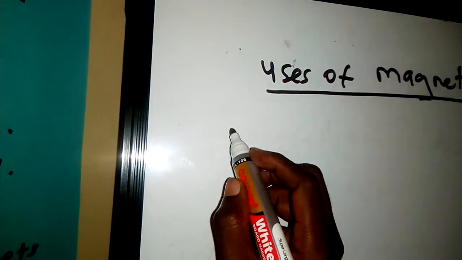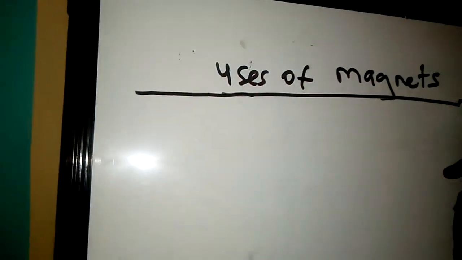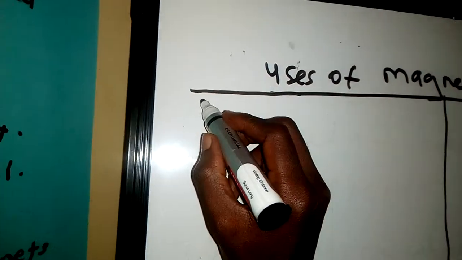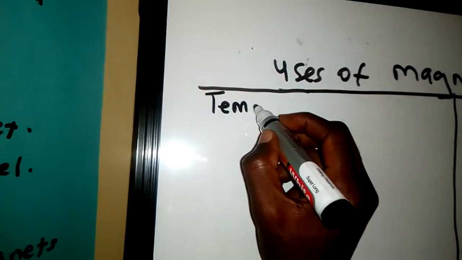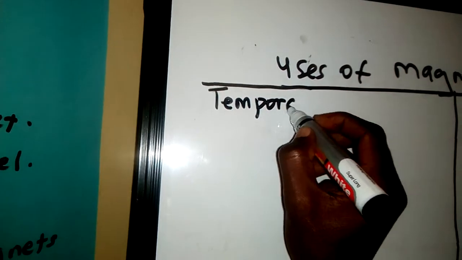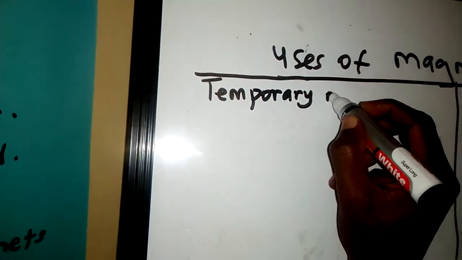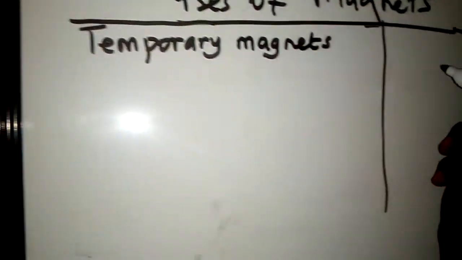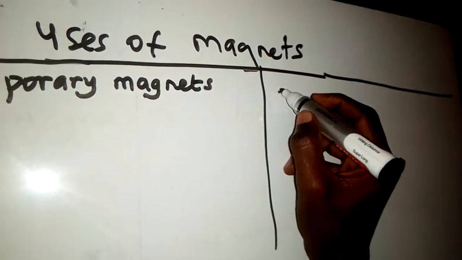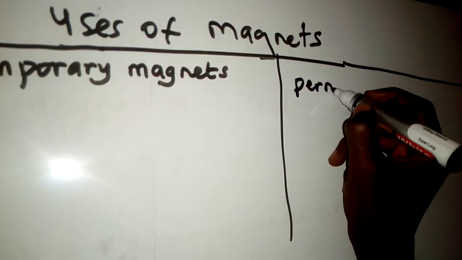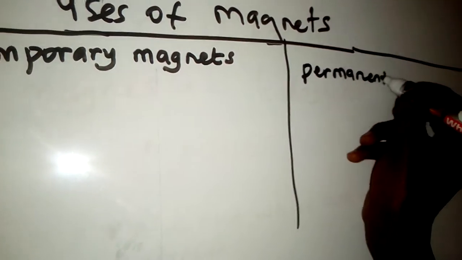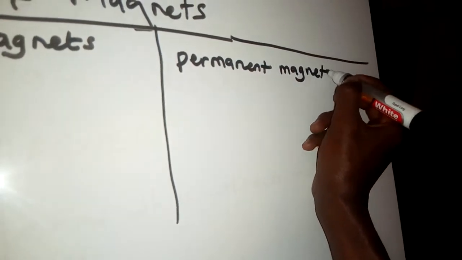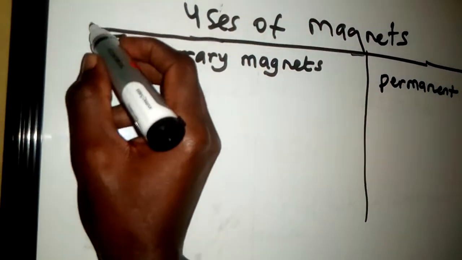We are going to have again a smaller table here so that we talk about where we use temporary magnets and where we use permanent magnets. So we shall have a table here.